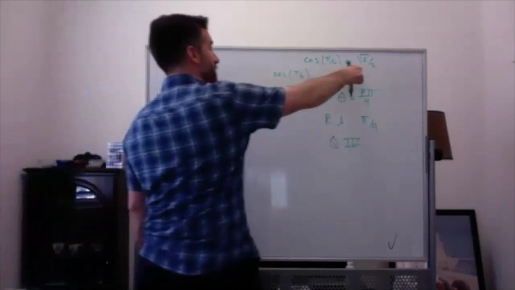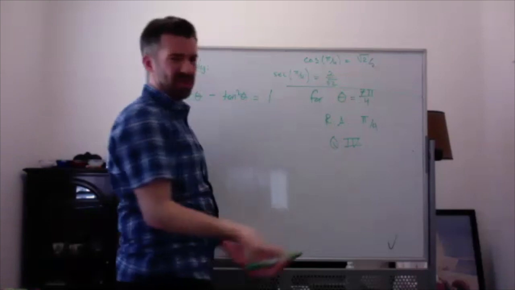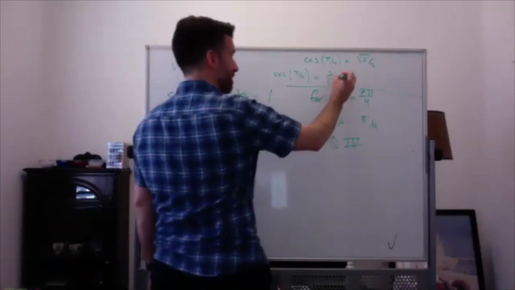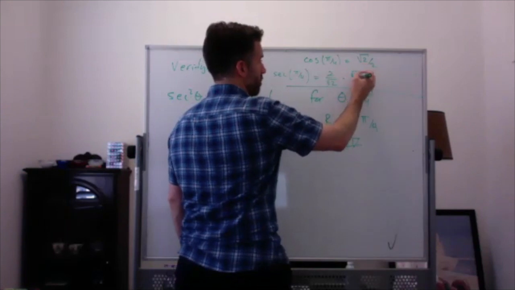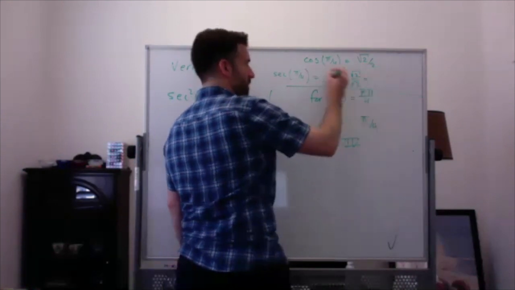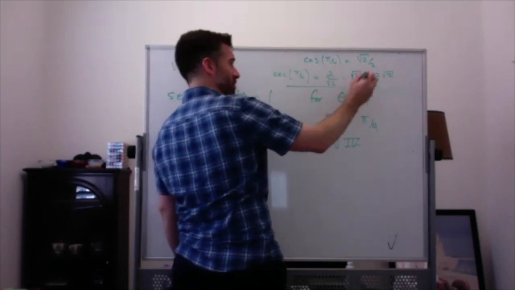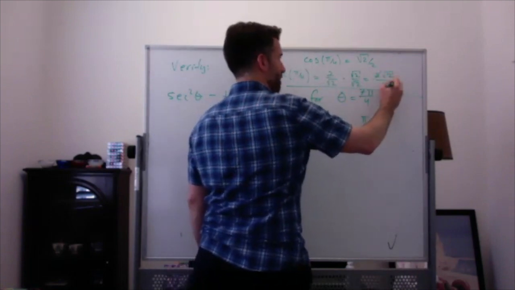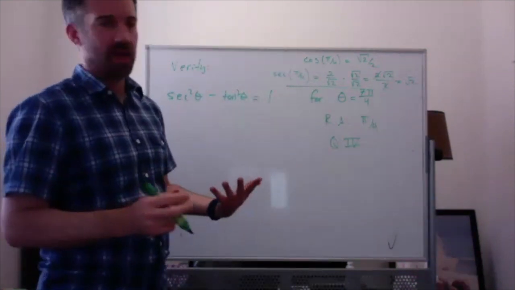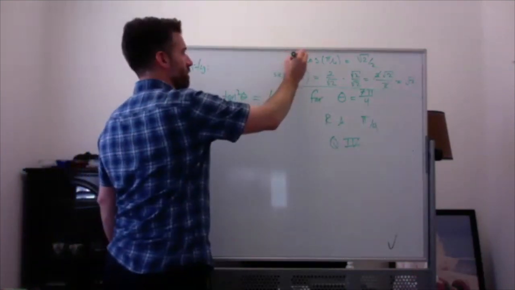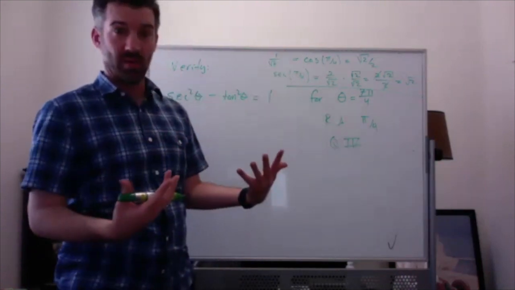You could flip this over and say it's 2 over root 2, and then you could do some work to rationalize it. I don't really want to do all this work, but you could do root 2 over root 2, and then the top would be 2 times root 2. The bottom would be root 2 times root 2, which is 2, and then those cancel and give you root 2. The easier way is just to say, oh, cosine was really just 1 over root 2, and if you flip that over, it's just the square root of 2.